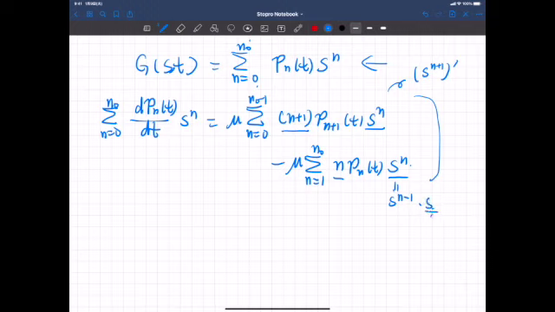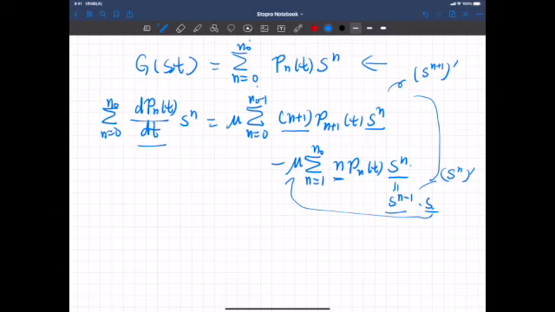So move this s outside of the summation, and this times this is the derivative of s to the power of n with respect to s. Of course, we can put this differential operation outside of the summation, and so on.